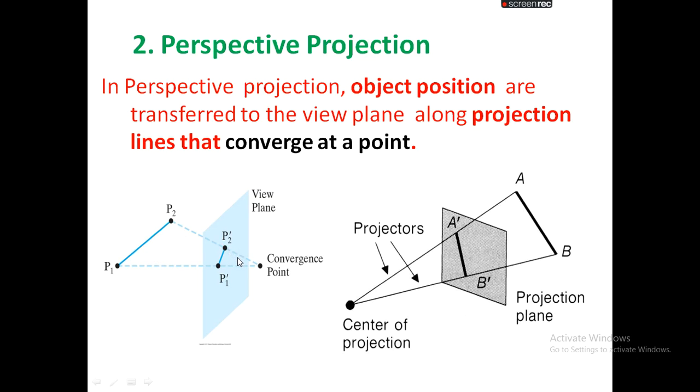But in perspective projection, the projection lines are parallel in the beginning, but as the distance increases, at a certain distance both projection lines meet at a certain point. So this is called perspective projection.